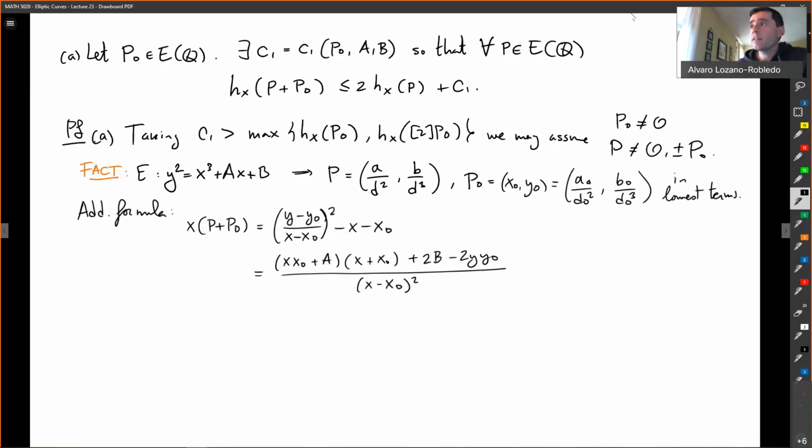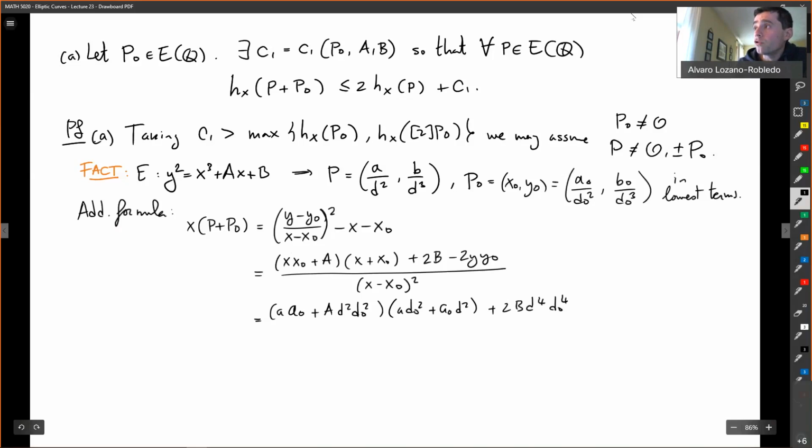And if you expand this again, since we know what the x and the y are and the x naught and the y naught are, this is something like (a naught d squared plus a d naught squared) times (a d naught squared plus a naught d squared) plus 2b d to the 4 d naught to the 4 minus 2b d b naught d naught, over (a d naught squared minus a naught d squared) squared.